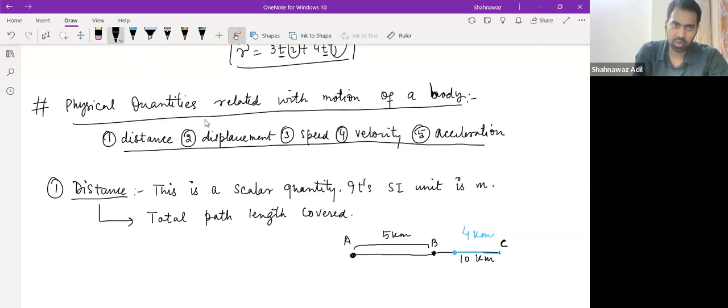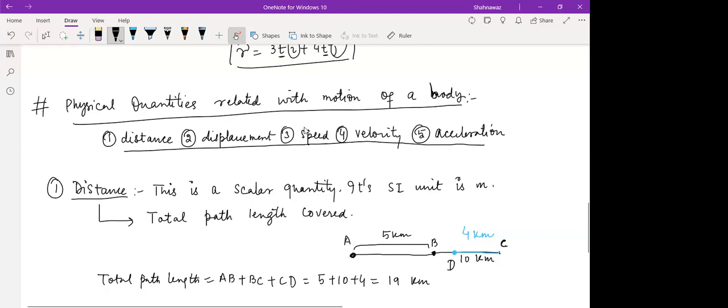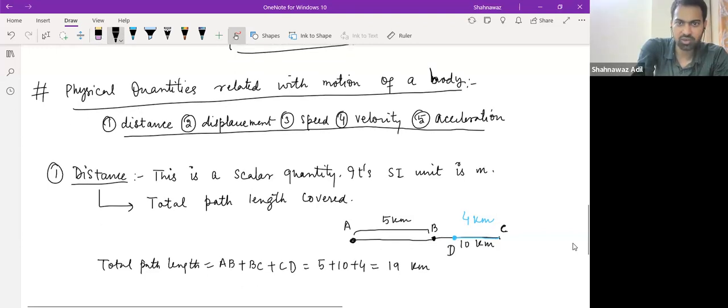So let's say this is some point D. The total path length AD would be AB plus BC plus CD. As you said, 5 plus 10 plus 4, so that would be 19 kilometers. Right. Yes, sir. So this is the distance of an object.